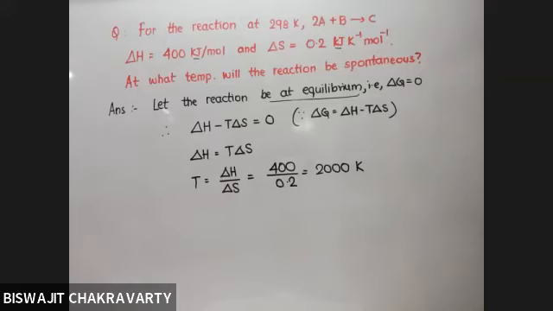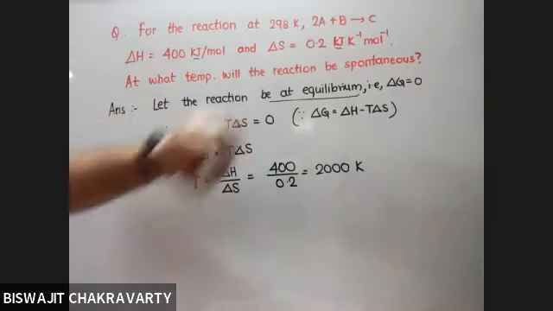Okay, now tell me, this is the equilibrium temperature, 2000 Kelvin. But the question asked is not what is the temperature at equilibrium. From our own side, we have assumed that let the reaction be at equilibrium. What is asked in the question is, at what temperature will the reaction be spontaneous? Now, who is favorable out of the two you have said?